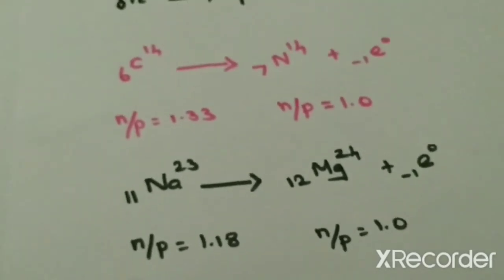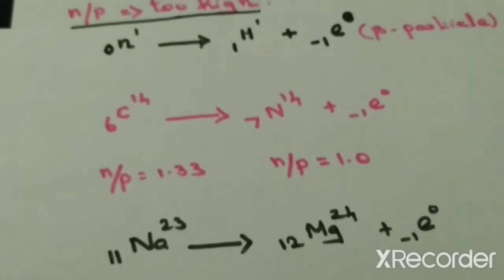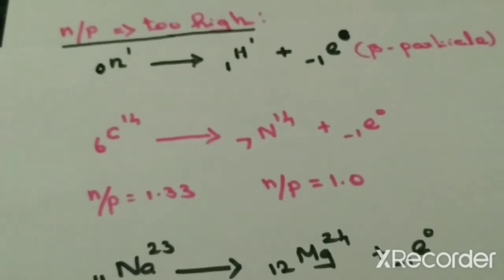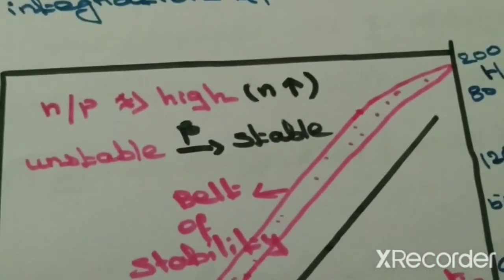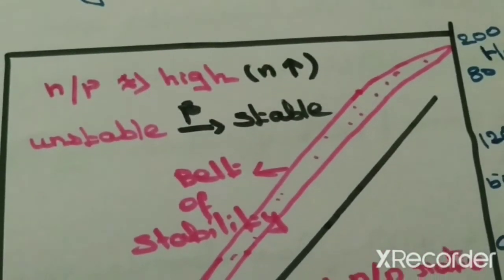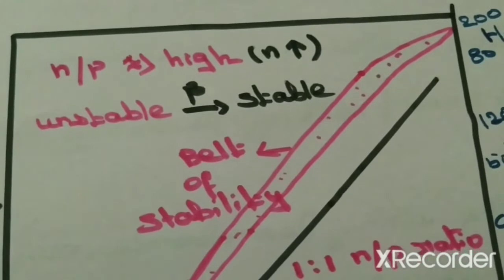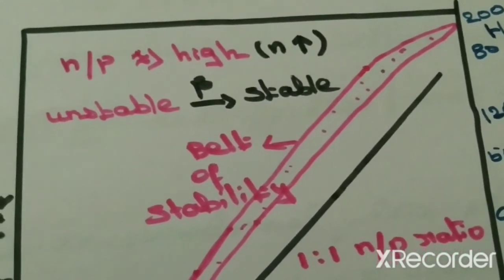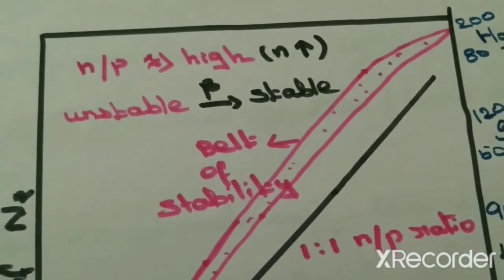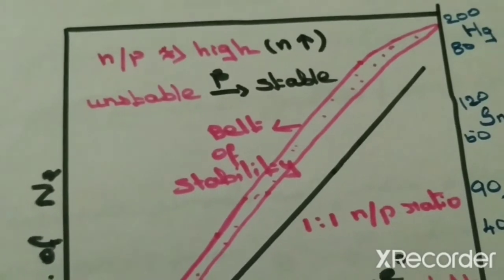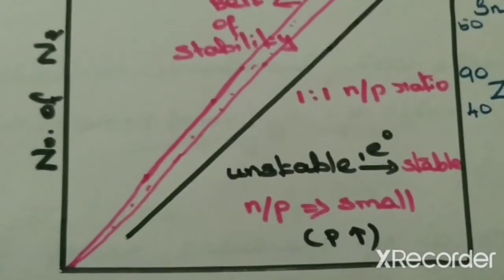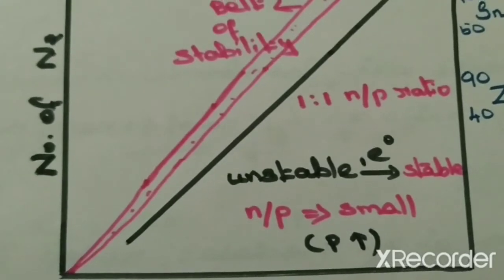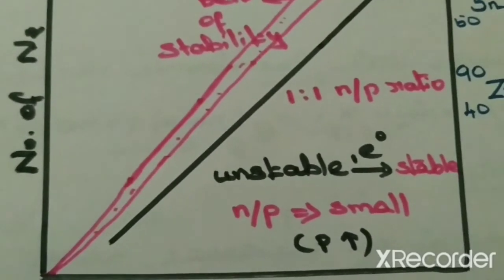So whenever the number of neutrons is higher, meaning its NP ratio is too high, it is always found above the stability belt, and the unstable nucleus becomes stable by emitting beta particles.